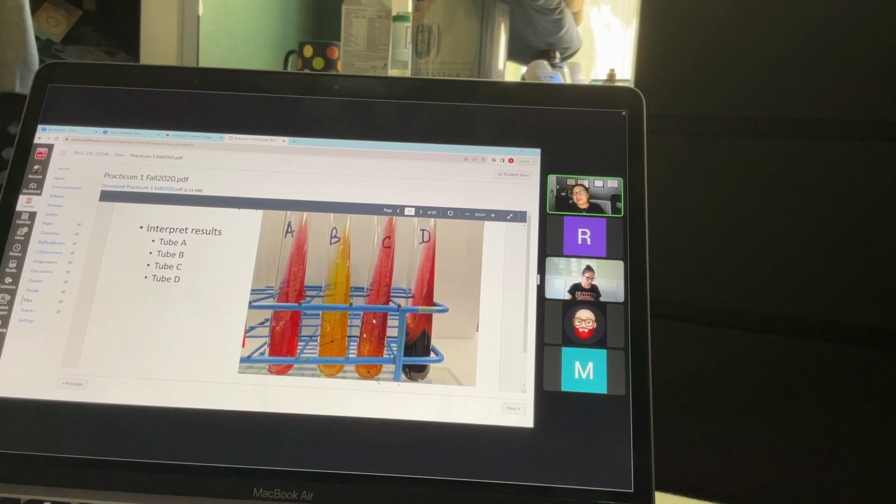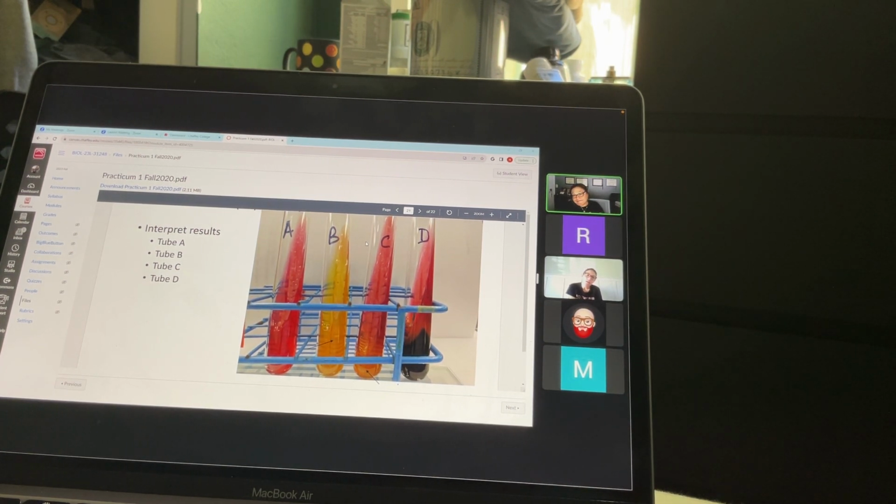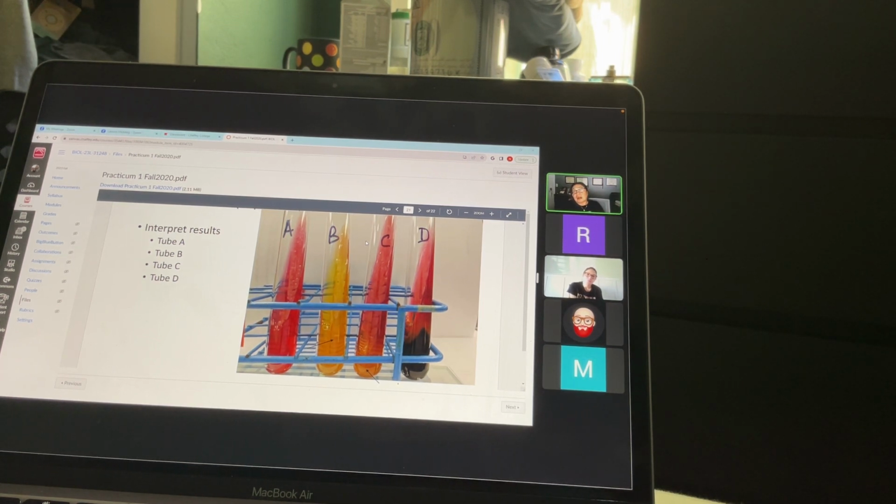Tube B looked like tube C. The bacteria changed. And so I have to kind of go with the flow. I don't have anything to replace it. I'm just going to go with it. So in micro, we have to stay really flexible. We just go with what the bacteria did.